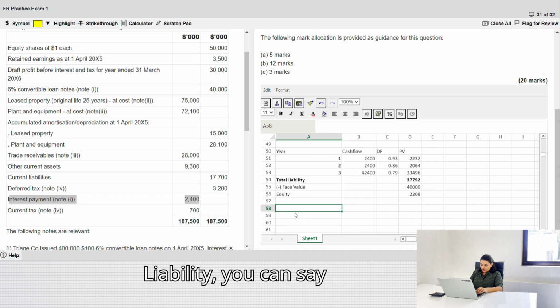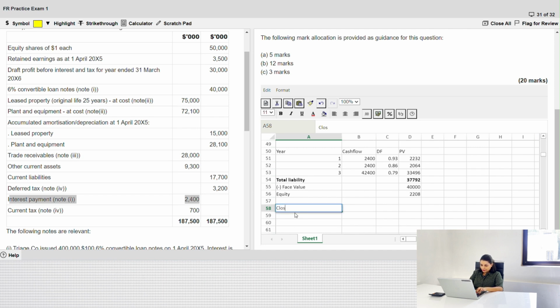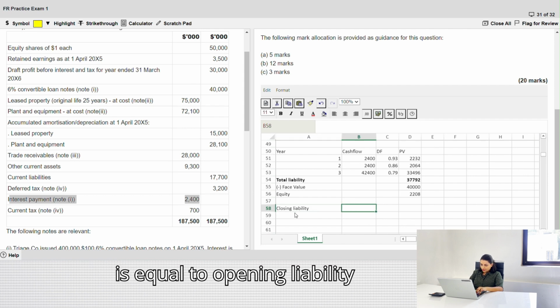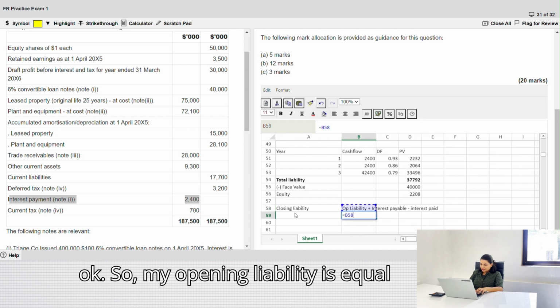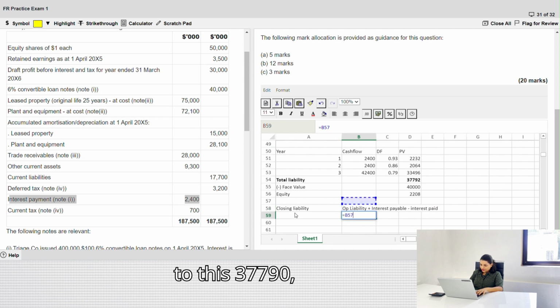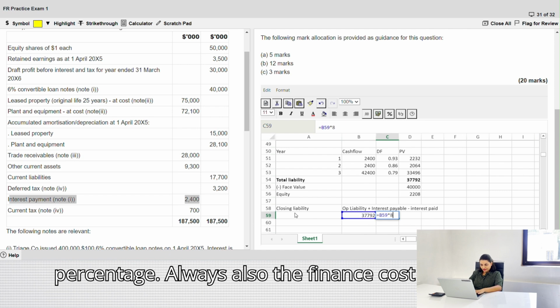Liability, or you can put your closing liability is equal to opening liability plus interest payable minus interest paid. Okay. So my opening liability is equal to this, 37790. Interest payable will be this into 8%.